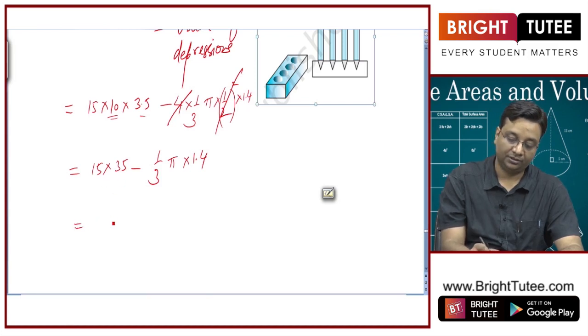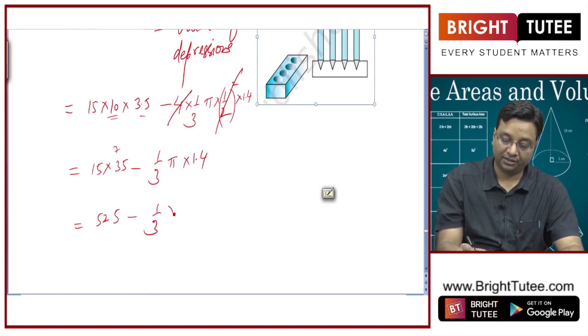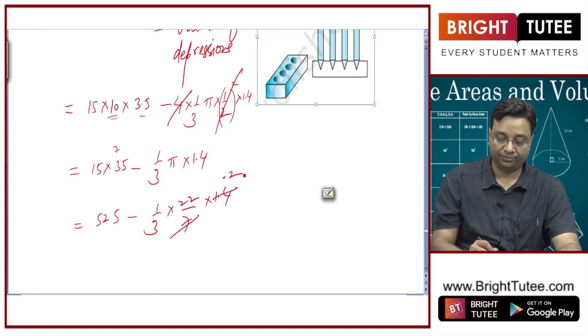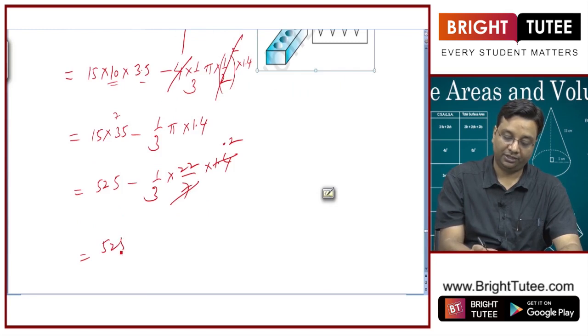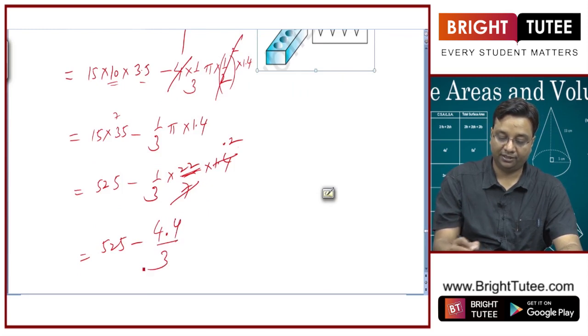So this is $525 minus 1 by 3, 22 by 7 into 1.4. So this will give you 0.2. So this is 525 minus, this is 4.4 divided by 3.